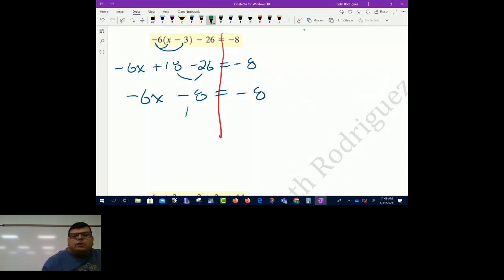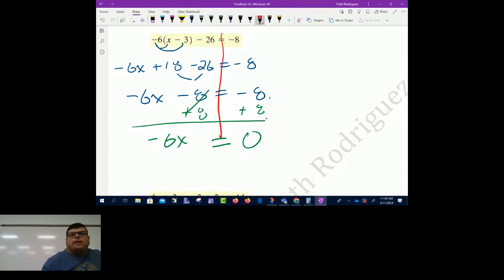Okay, so we're going to go plus 8 here, plus 8 there. Negative 6x equals negative 8 plus 8, which is 0. So if I divide both sides by negative 6, we still get 0.